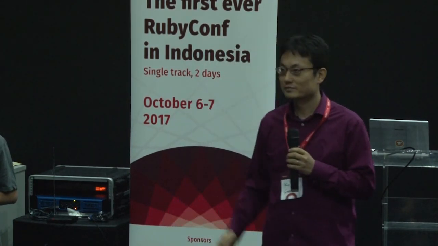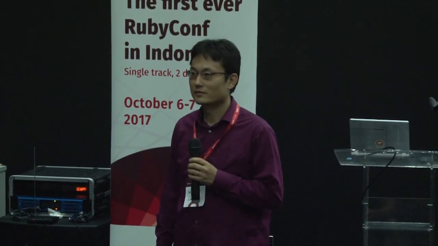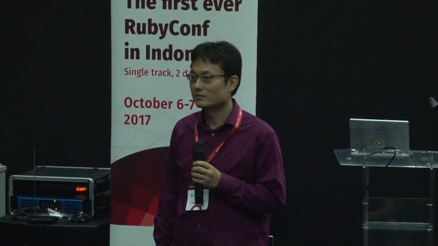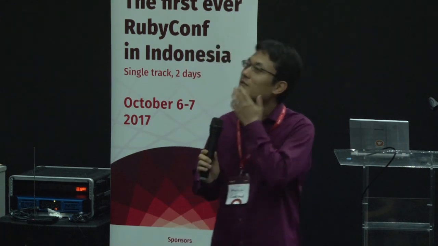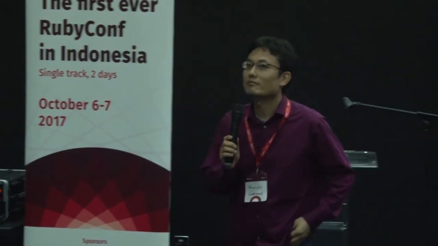And I felt the model of guild is much like the ownership model of the Rust language. My question is, is there any origin of the idea, or did you invent the model? All right.